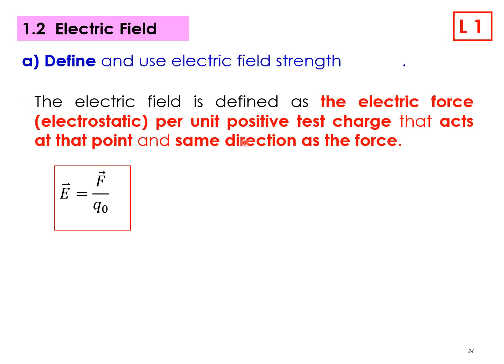So this is the definition in terms of words. We can write it in terms of an equation based on this definition: E equals F over Q naught.